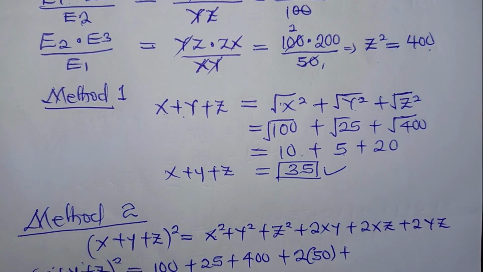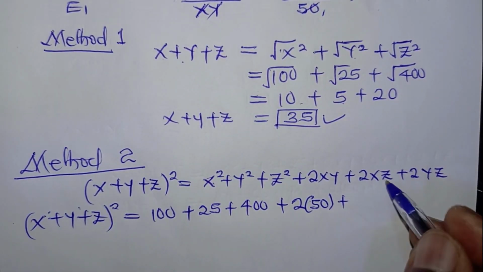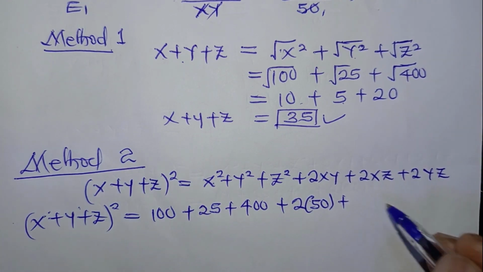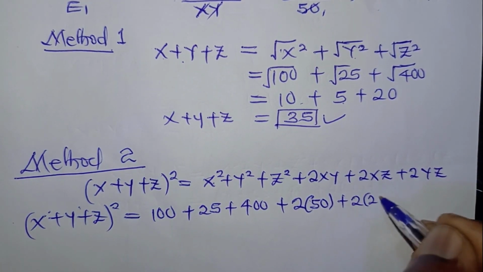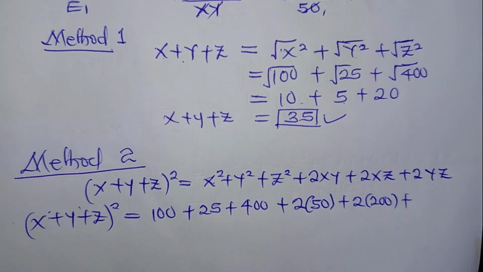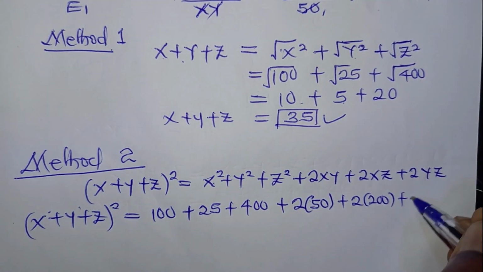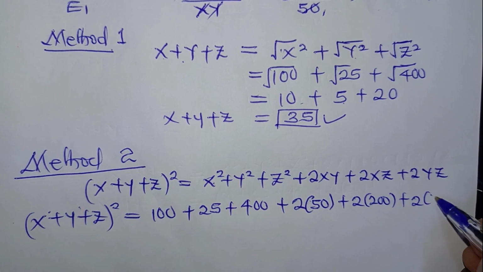Plus 2xz, so xz is 200, so 2 times 200, plus 2yz, so 2yz is 2 times 100.